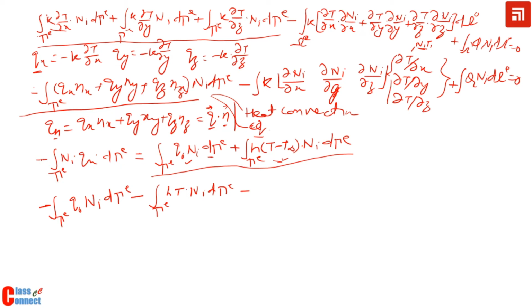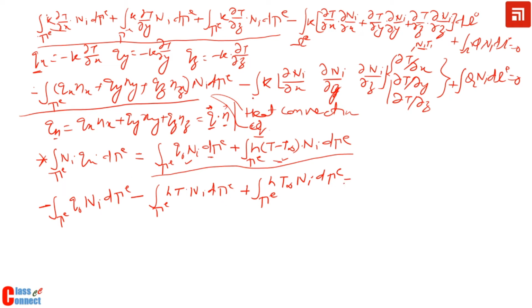So this minus and this minus will become plus, so I get this as h T infinity, that is the environment temperature.